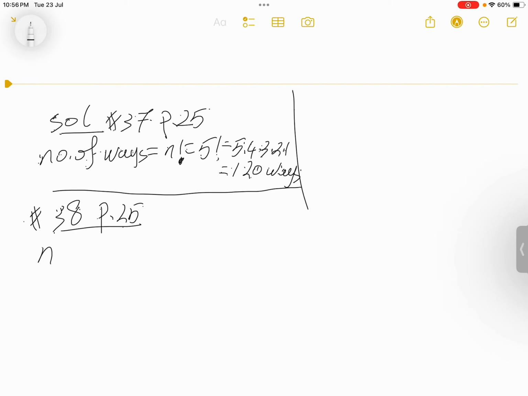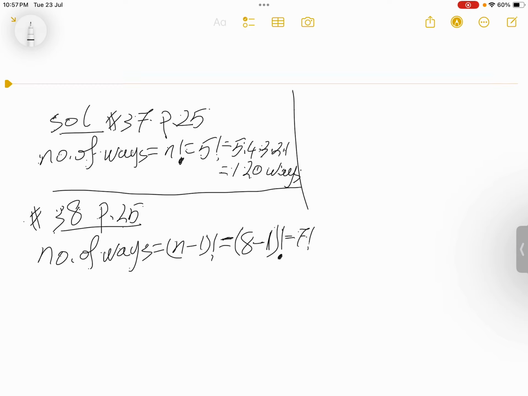Circular: the number of ways equals n minus 1 factorial, which is 8 minus 1 factorial, which is 7 factorial ways.